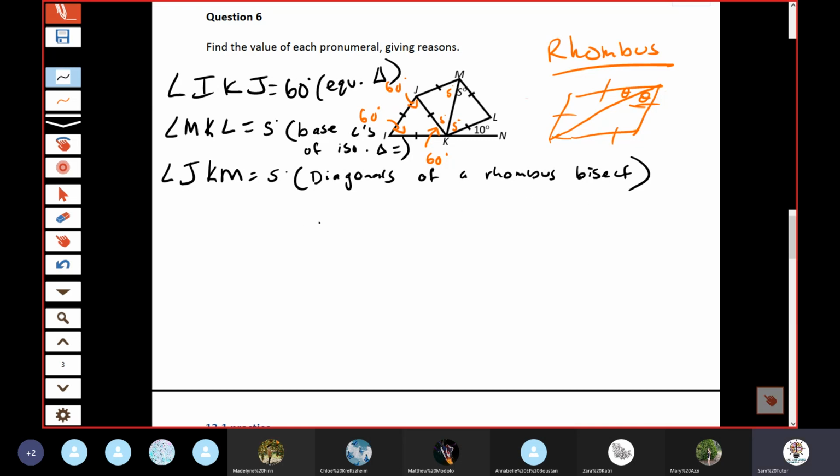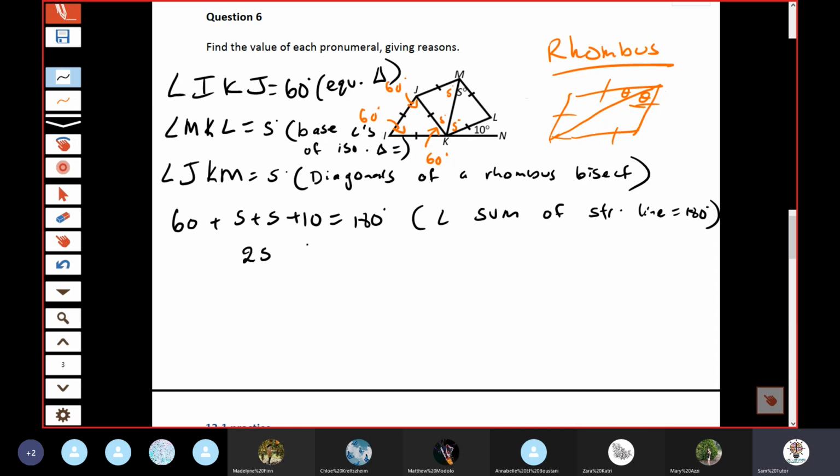We understand S. And then 60 plus S plus S plus 10 must equal 180. Again, reason, angle sum of straight line equals 180. S plus S is 2S plus 70 equals 180. 2S equals 180, take away 70, 110. S equals 55 degrees.